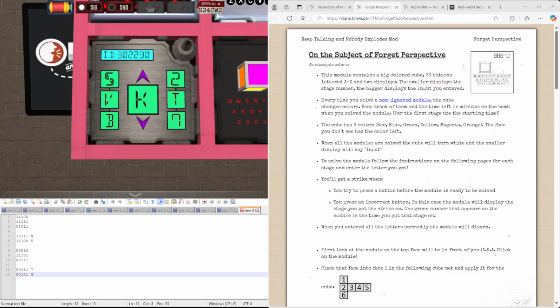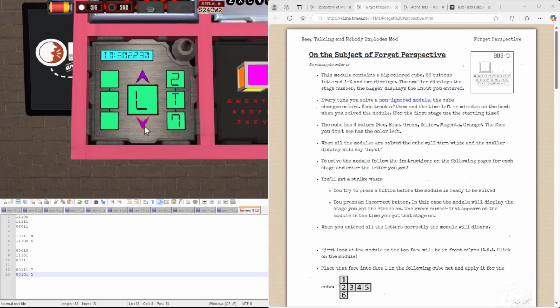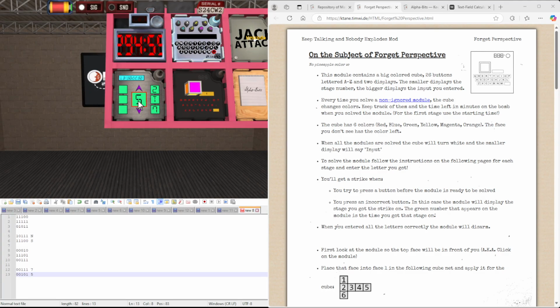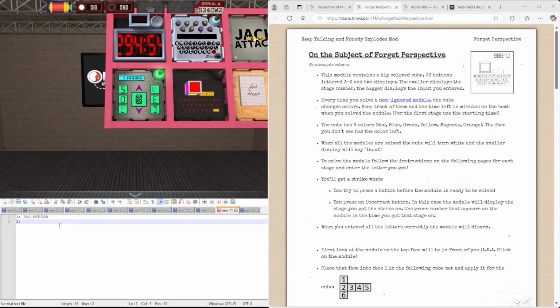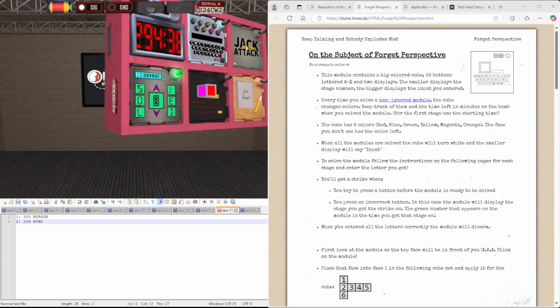Then we have 294. Then we have red, yellow, blue, orange, magenta, green.